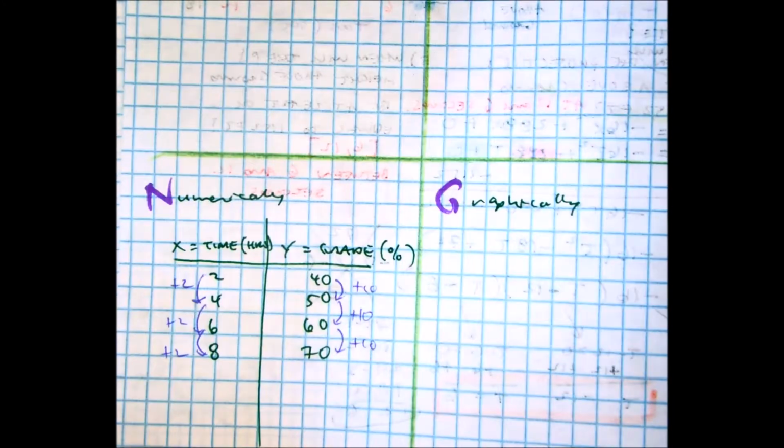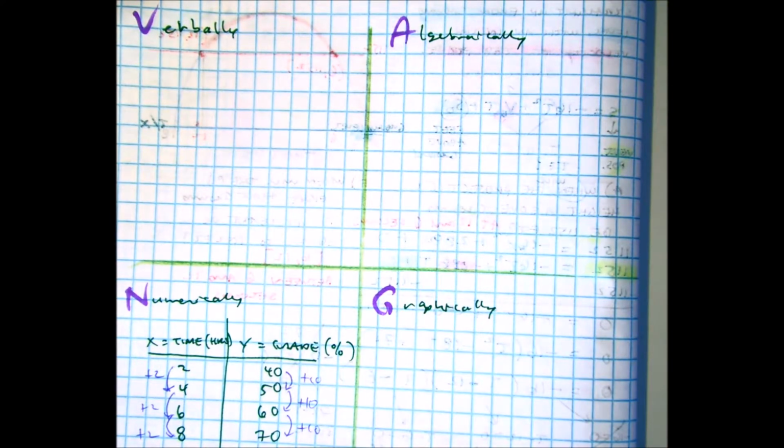So what can I do with that? I can take the numerically and go to my algebraically and make an equation. Partner B to partner A. What's slope-intercept form? Go. David?